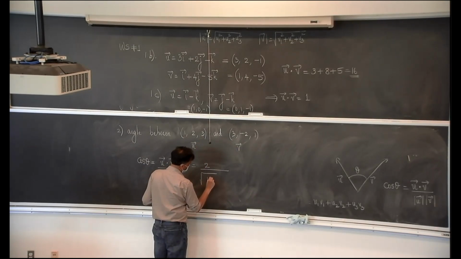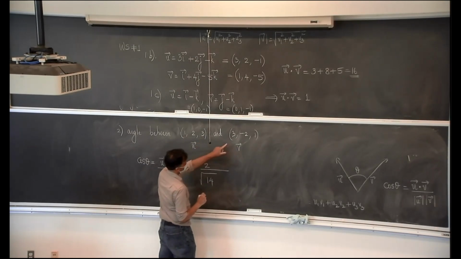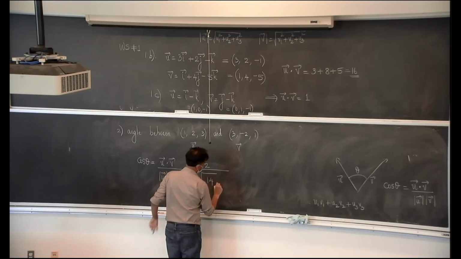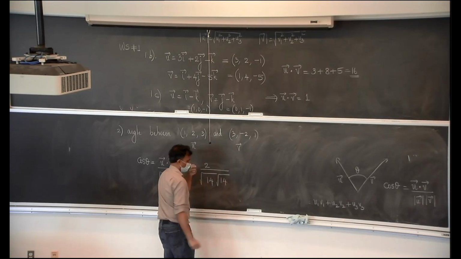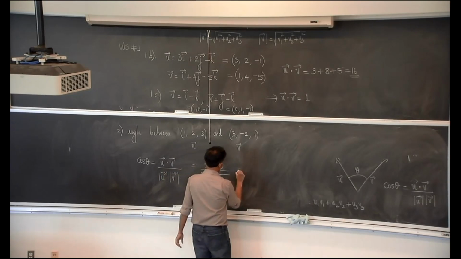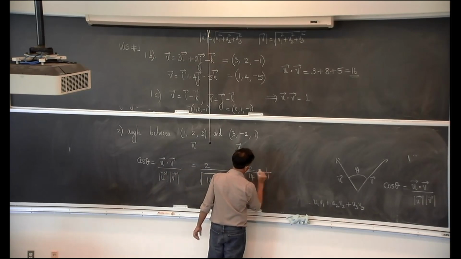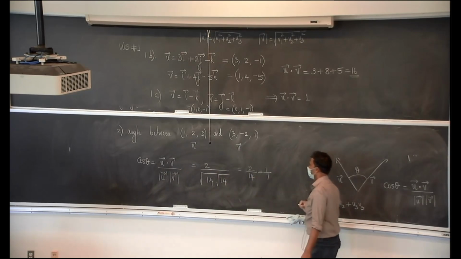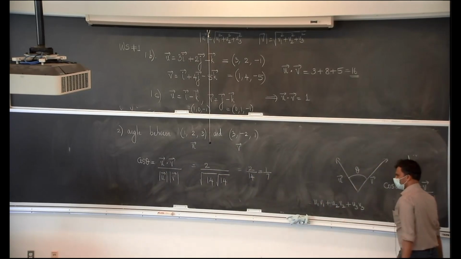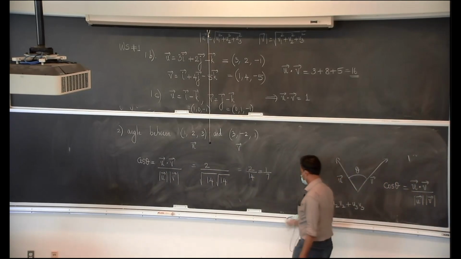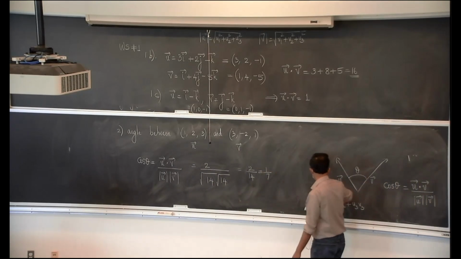That is the square root of 14. And this is also the square root of 14, which is 2 over 14, which is 1 over 7. So theta is going to be the inverse cosine of this number here, 1/7.